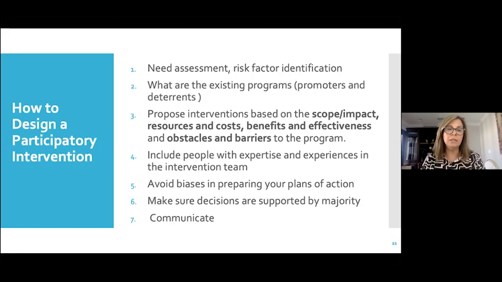Now, the question is, how do we go about designing a participatory intervention? As I mentioned, the most important aspect is to understand employees' needs, aspirations, and issues that are affecting their health and productivity. This is typically referred to as needs assessment.